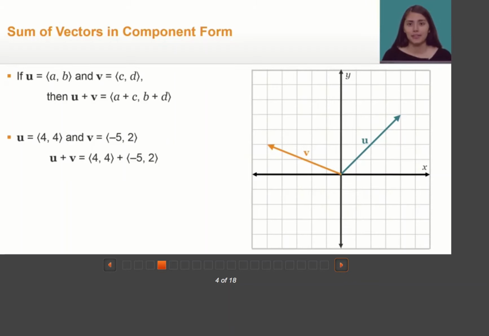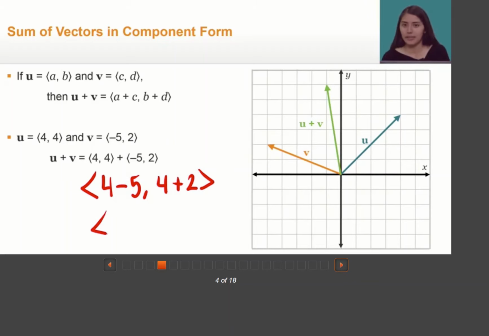So u plus v has a horizontal component of 4 minus 5 and a vertical component of 4 plus 2, resulting in u plus v being the component vector ⟨-1, 6⟩.